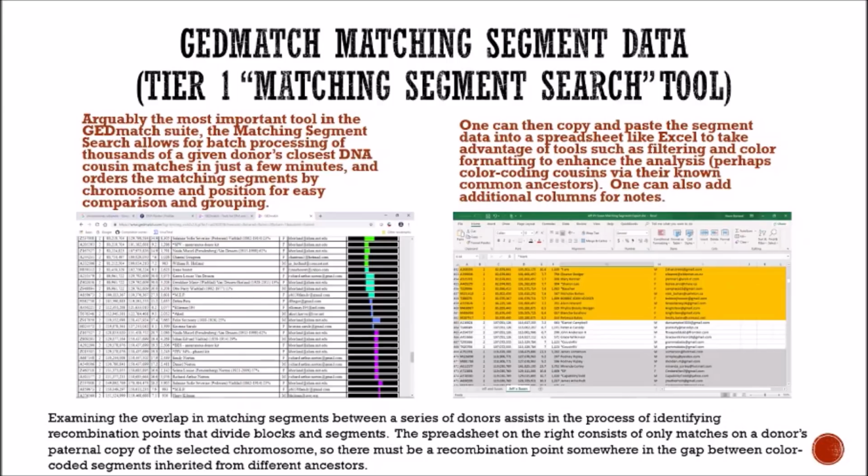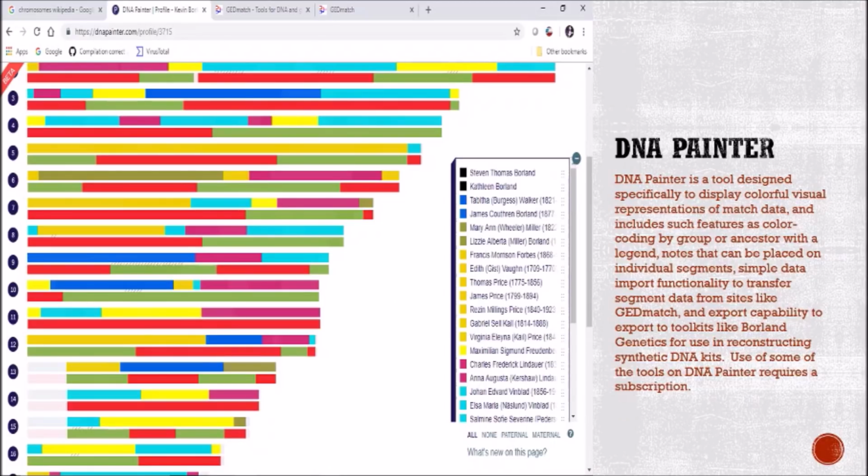Well, actually three tools, they also have an evil twin tool. But there are many different third-party phasing algorithms, including, of course, my own Borland Genetics ones, that can be uploaded to Jedmatch and can give you additional ways to phase relatives that are useful for the visual phasing process. We'll get into that. Okay, next visualization.